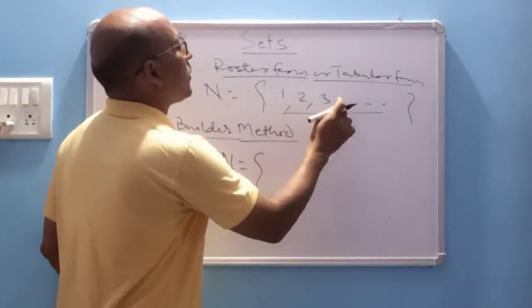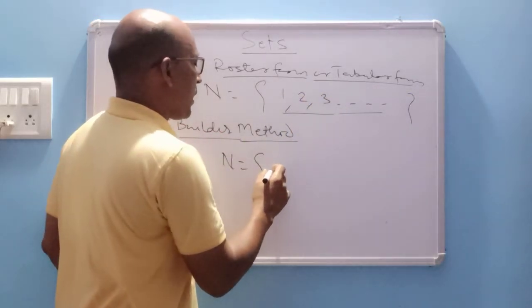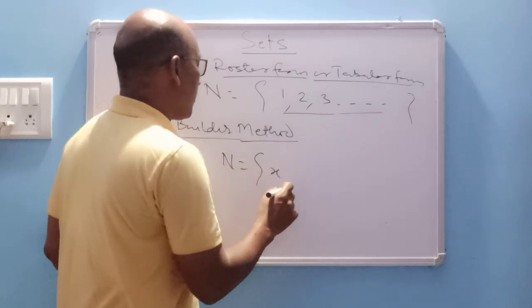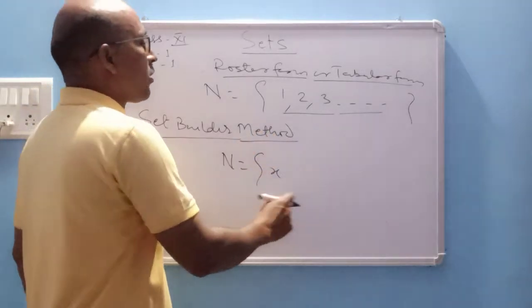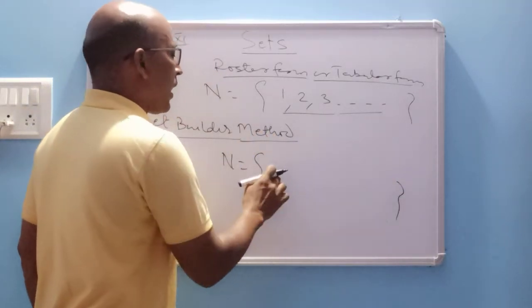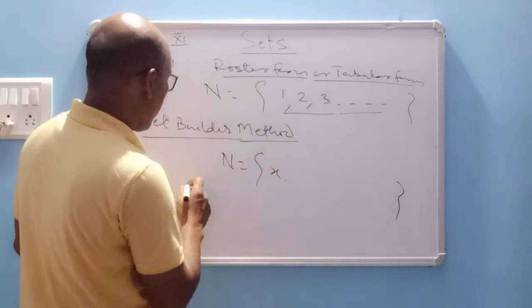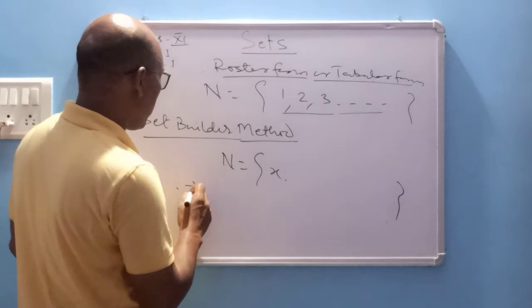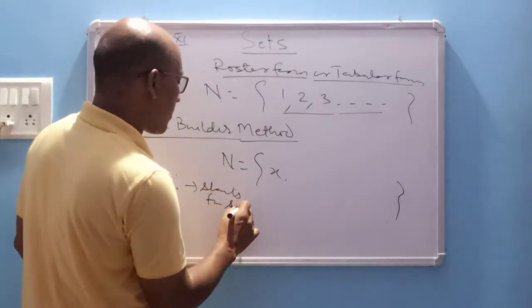For example, 1, 2, 3, etc. To write this, we write the set of natural numbers N is the set of all x, where braces mean the set of all x, and this symbol, called a semicolon, stands for such that.